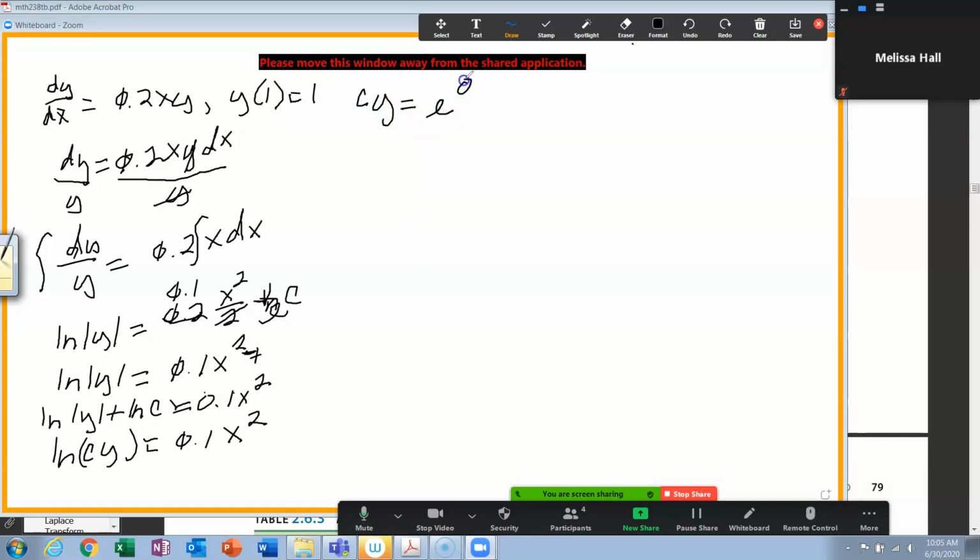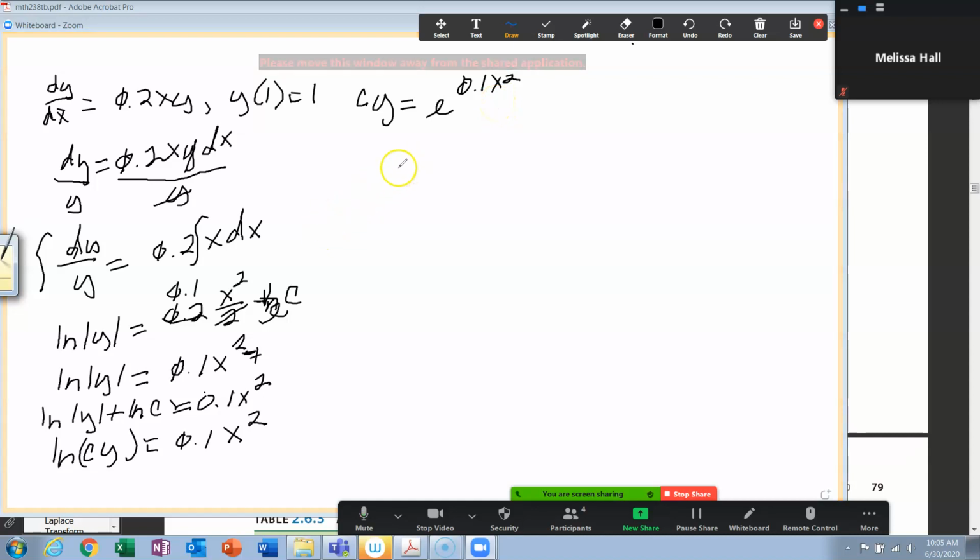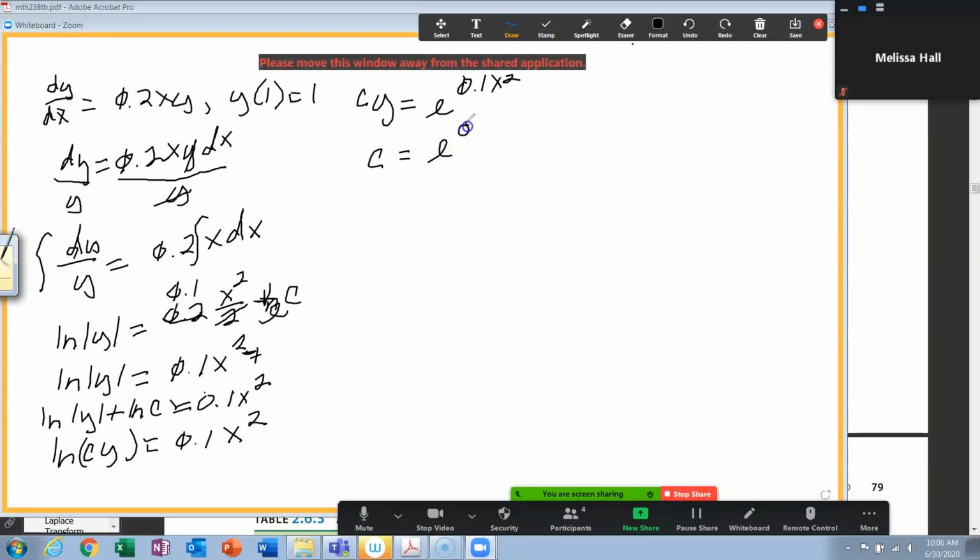Now we exponentiate both sides, and that produces cy is equal to e to the 0.1 x squared. Now we're going to plug in our initial conditions. When y is equal to 1, this gives us c is equal to e to the 0.1, because when x equals 1, that's that.